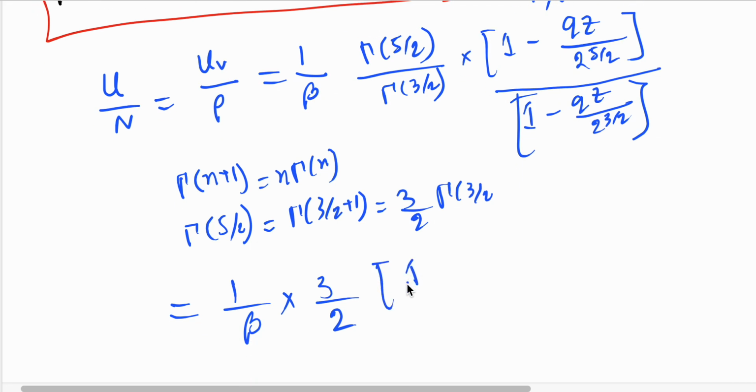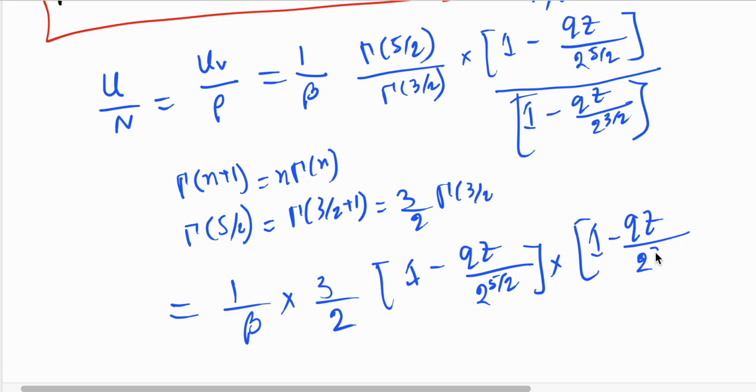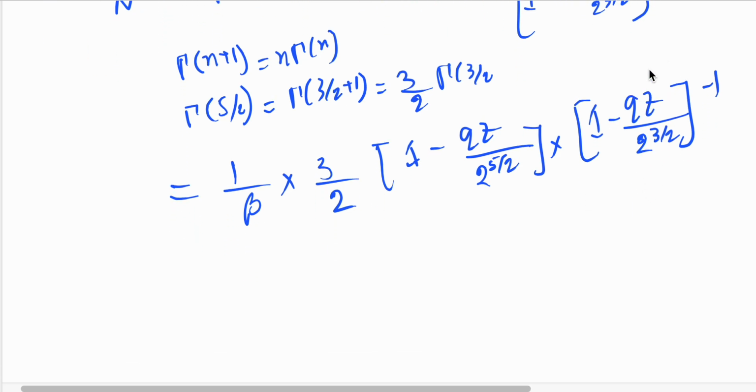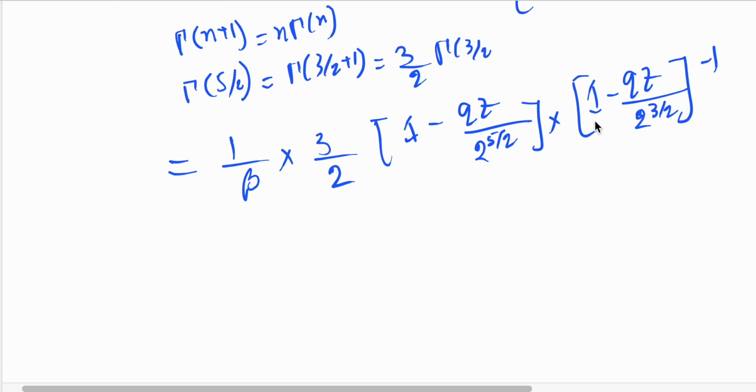So now we only kept, since z is small, we take 1 minus qz to the power 3 by 2, minus 1. Since z is very small, we can expand in Taylor series and only keep the first order.